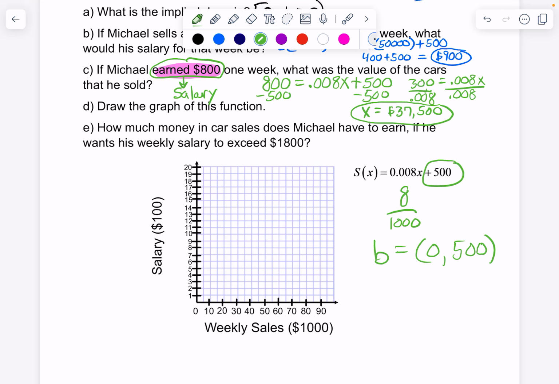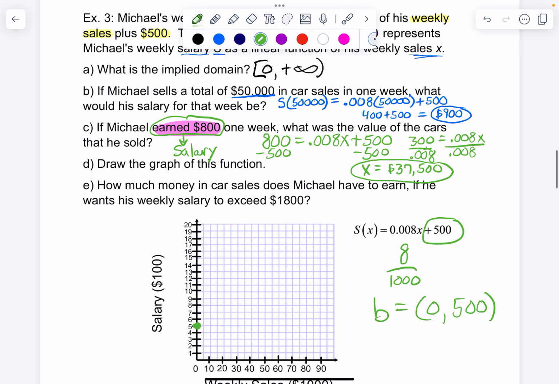So I'm going to go ahead and plot right here 5. Remember, this y-axis is the salary, and it's in hundreds. So if I make 0 sales, I'm going to at least have a salary of $500. You won't have a job for long if you continue to sell 0, but they will give you some time to learn the ropes. So 0 sales gives you $500.